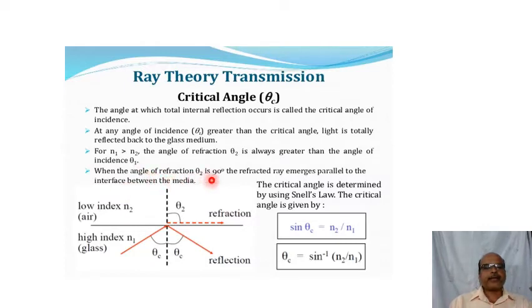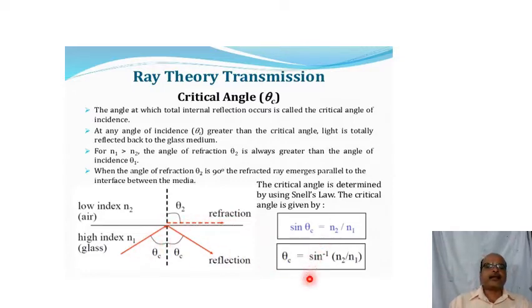When the angle of refraction theta 2 is 90 degrees, and the ray travels parallel to the boundary of the two media, the refracted ray emerges parallel to the interface, and this angle of incidence is called theta c, the critical angle.